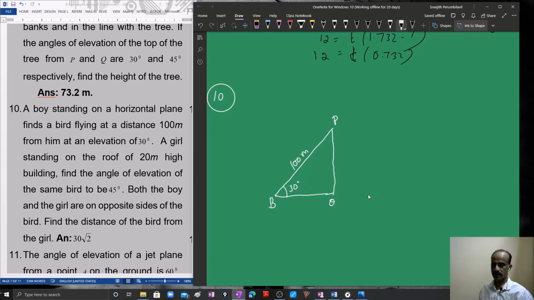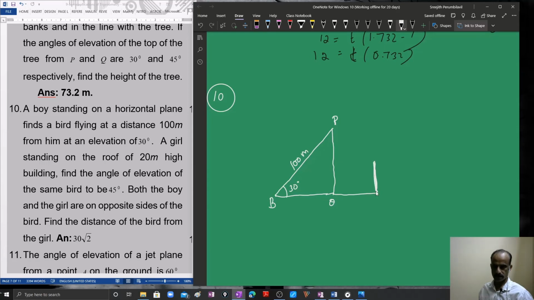Now, a girl is standing on the roof of a 20-meter high building. Where is that building? She finds the angle of elevation of the bird to be 45 degrees. Both the boy and the girl are on opposite sides of the bird. This is the bird. So the girl is standing on the top of a 20-meter high building.